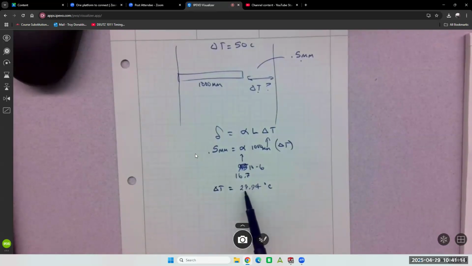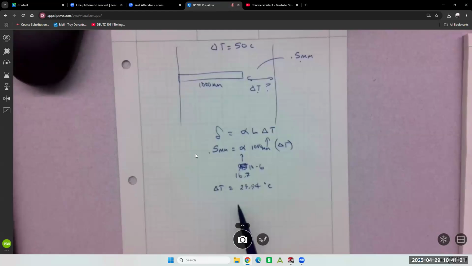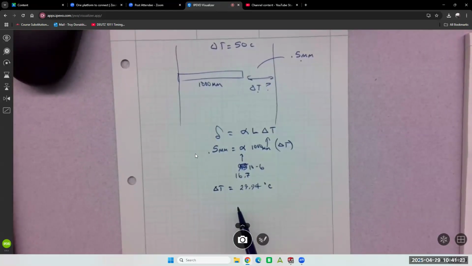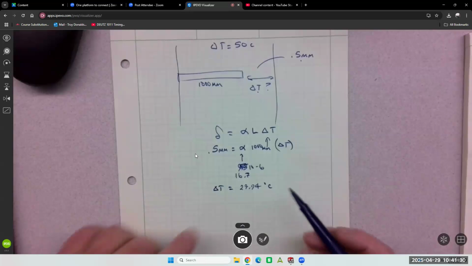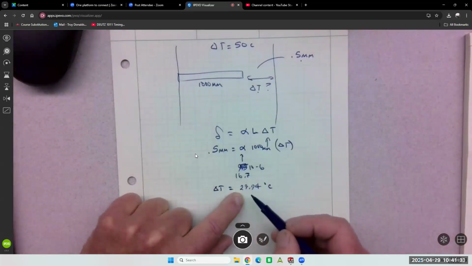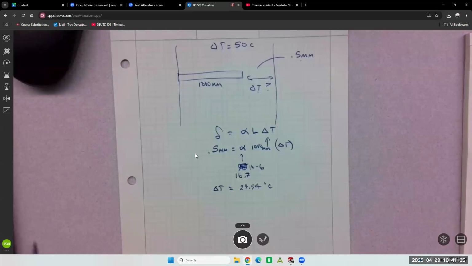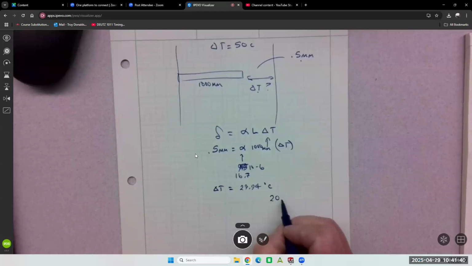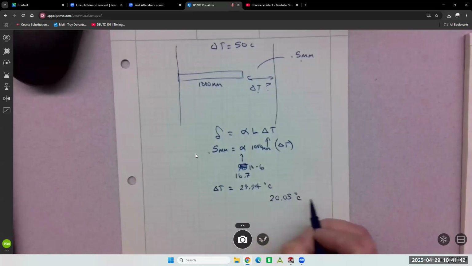So the first approximately 30 degrees does not create thermal stresses, because it's free to expand. But then it hits. So the rest, the difference between the 50 and the 29.94, is 20.05 degrees C, which creates stress.